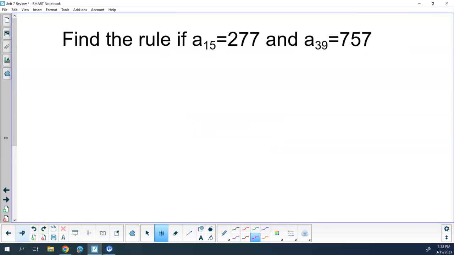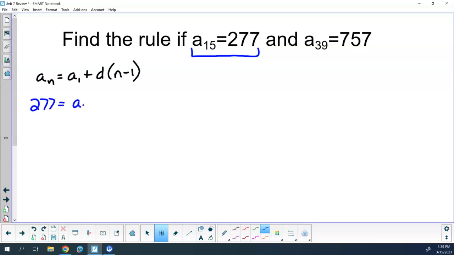Two more. Finding a rule given the fact that you have two terms somewhere along in the sequence. So this one, remember, we would take the first term that's given, and we would apply our rule to it. 277 is, I don't know what the first term is, I don't know what d is, but I know that 277 is the 15th term. So n is 15.